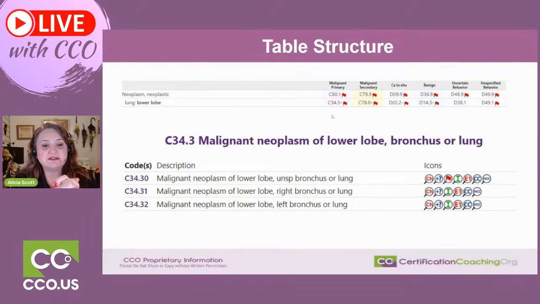If it is of the right lung, then it's C34.31. If it's the left lung, it's C34.32. Now, if we are not given specificity as being the left or the right, then we would use C34.30 unspecified.